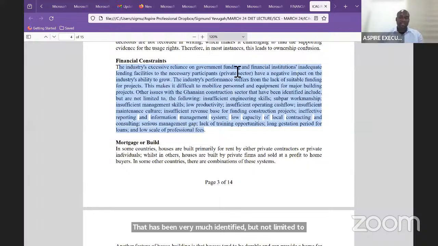So further build up to the threats: insufficient engineering skills, subpar workmanship, the Ghanaian artisans not really up to task, insufficient management skills, low productivity, insufficient operating cash flows, insufficient maintenance culture, insufficient revenue base for the funding of construction projects, ineffective reporting and information management system, low capacity of local contracting and consulting, serious management gap, lack of training opportunities, long congestion period for loans, and low scale of professional fees.